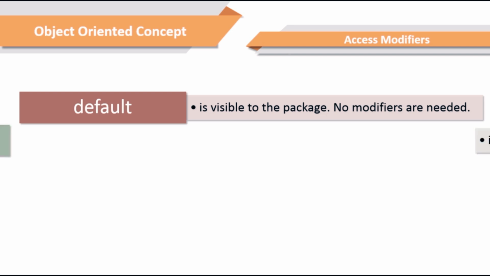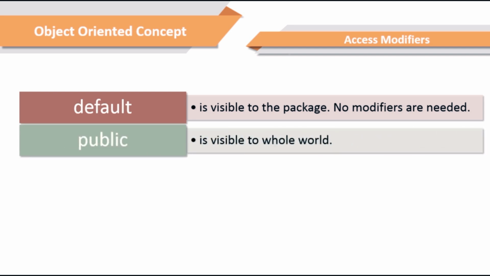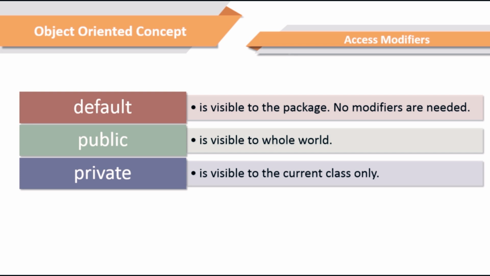The second one is public. Public access modifier is accessible from everywhere, and this is the least restrictive access modifier. And the third one is private. The private access modifier is accessible only within class.